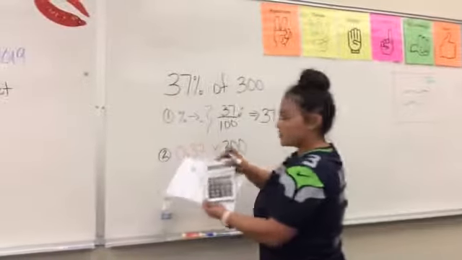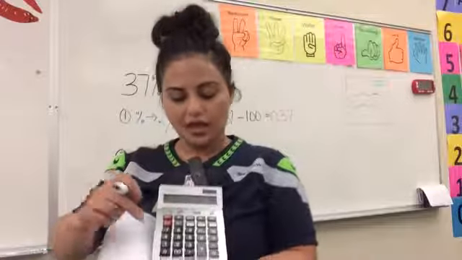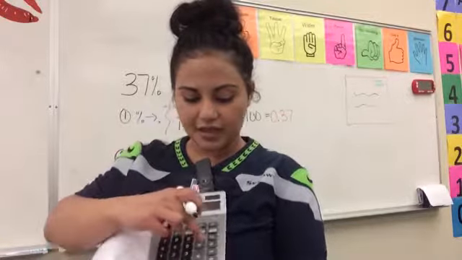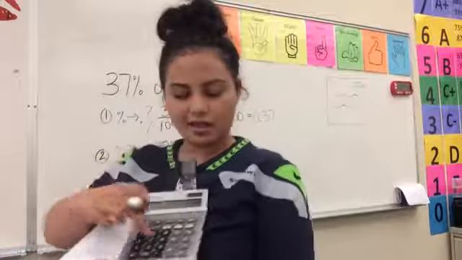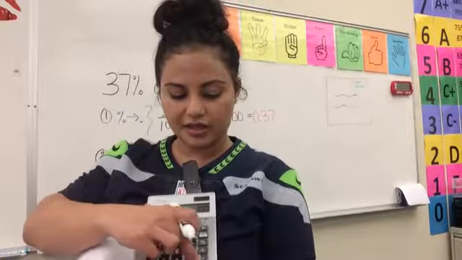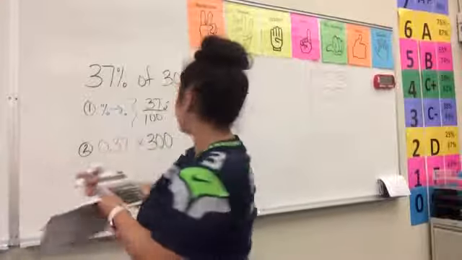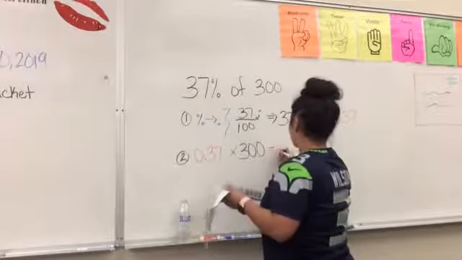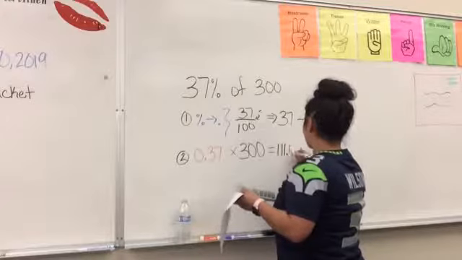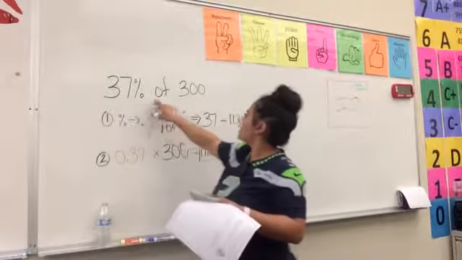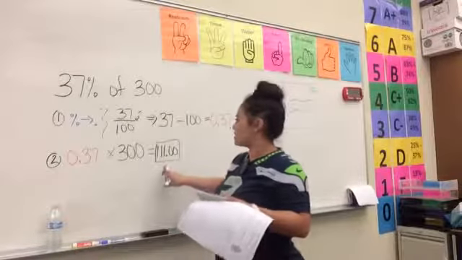So I'm going to take my calculator and do 0.37 times 300 equals, and it equals 111. So 37% of 300 is 111.